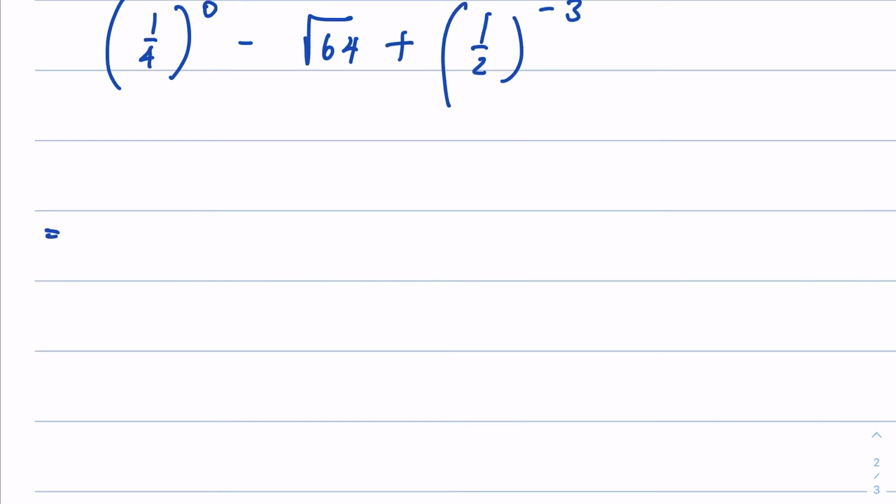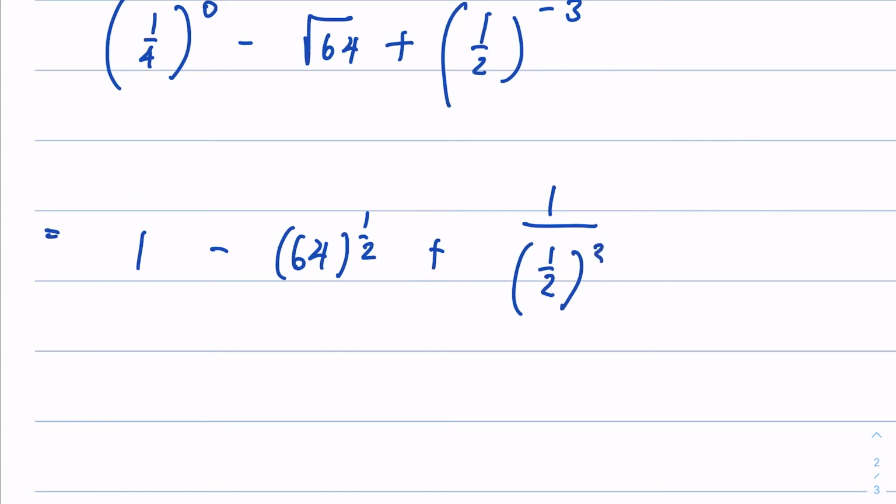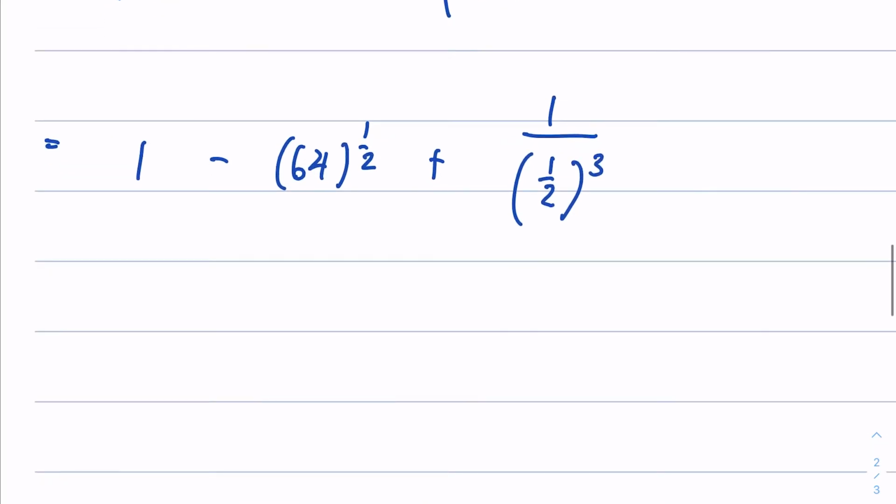So we know that this is 1. For a square root, the power can be rewritten to power half. Next one, we can make the power to be a positive power by placing it under the denominator. Same goes for the rest.